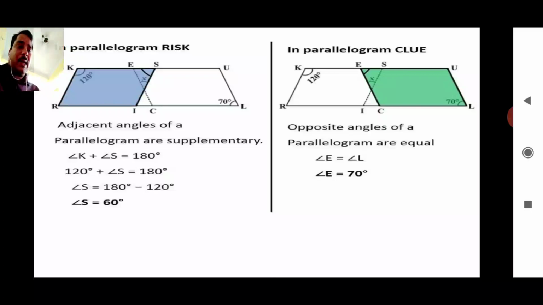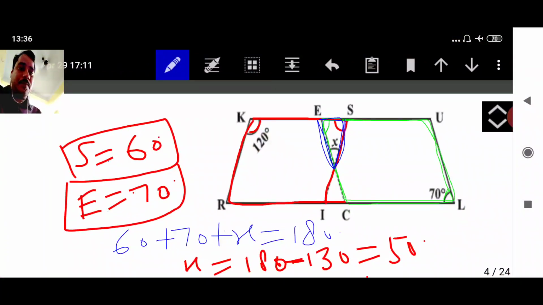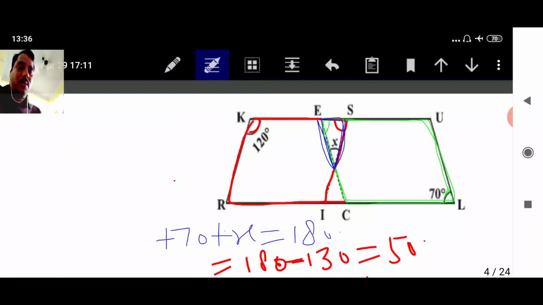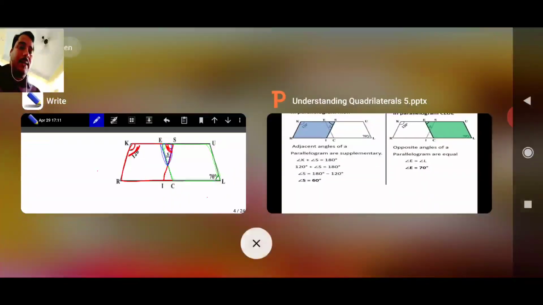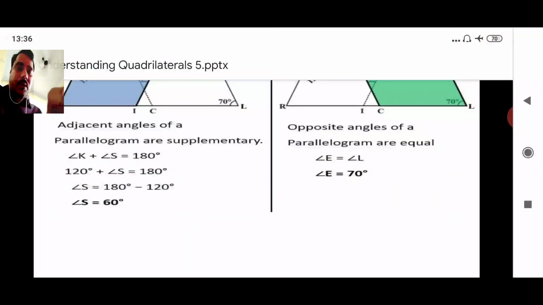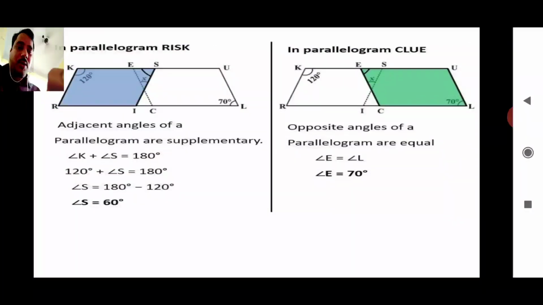So angle K plus angle S, you can see here, this angle K and this angle S are adjacent angles in RISK. So the value of S equal to 180 minus 120, 60 degrees. Similarly, opposite angles of a parallelogram are equal. So angle E equal to angle L means angle E equal to 70 degrees.